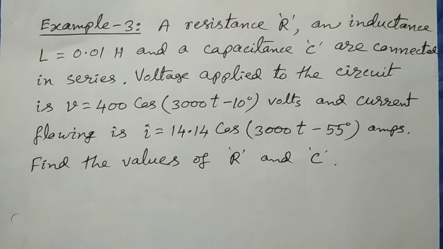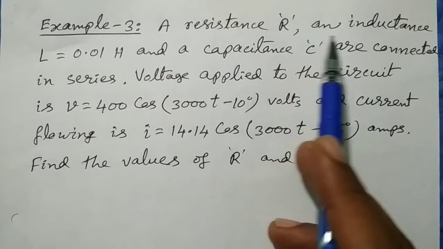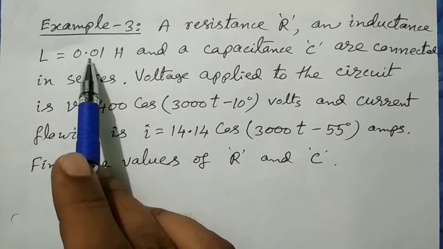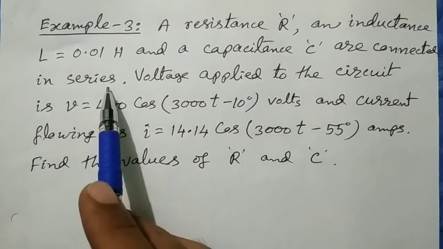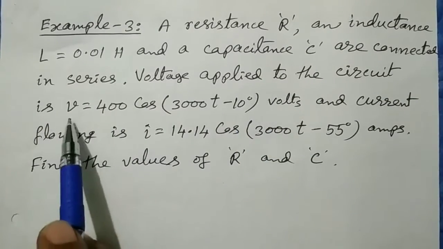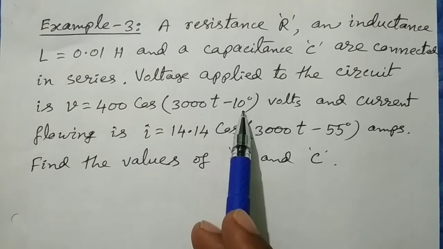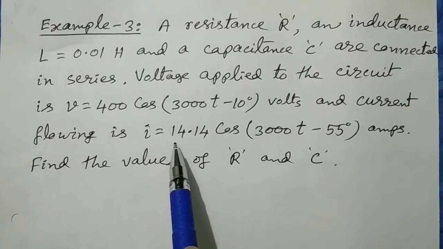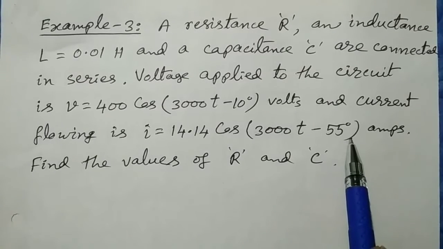Now in the third example, the question is: a resistance R, an inductance L equal to 0.01 Henry and a capacitance C are connected in series. Voltage applied to the circuit is V equal to 400 cos(3000t minus 10 degree), and current flowing in the circuit is I equal to 14.14 cos(3000t minus 55 degree).